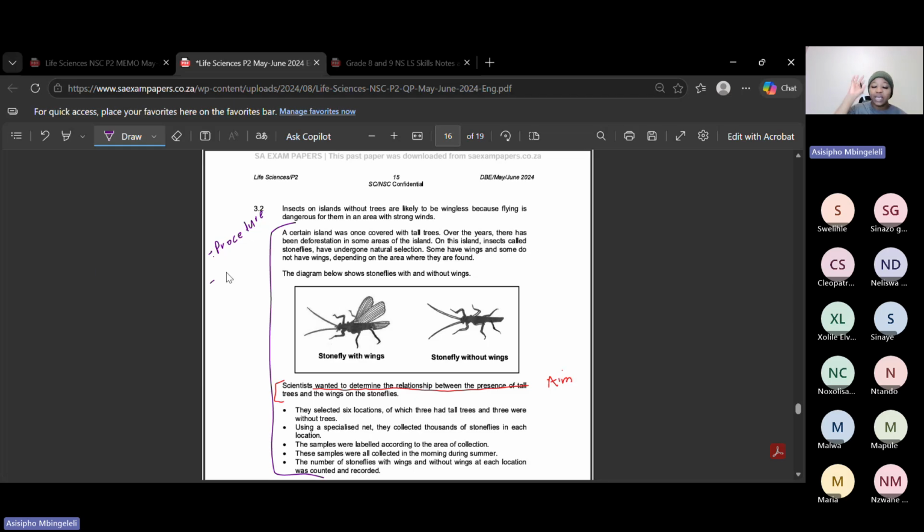delivery. Okay, and then you need to look at what we call controlled variables. These are factors that an investigator will keep the same. What is it that has been kept the same? If we say all, or whatever, guys, it is kept the same.